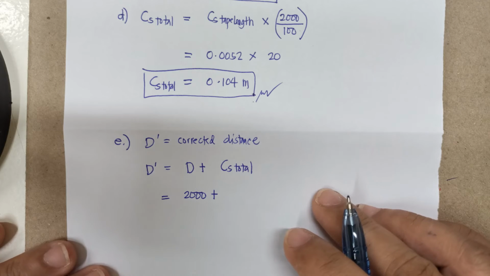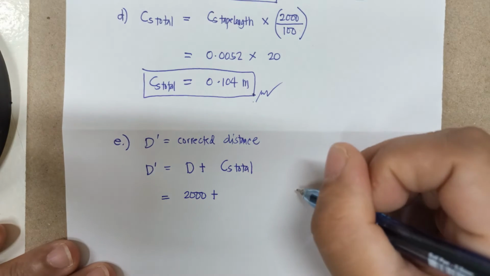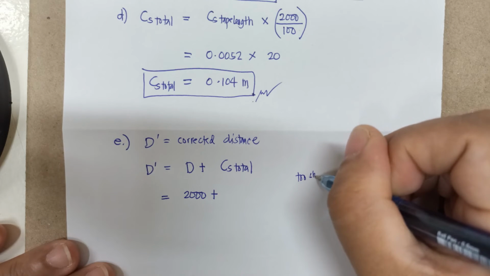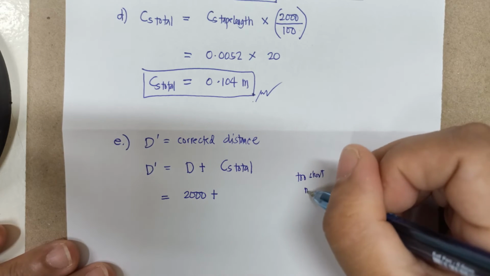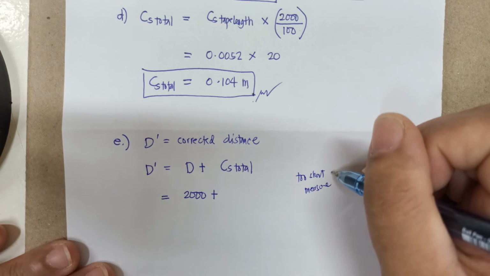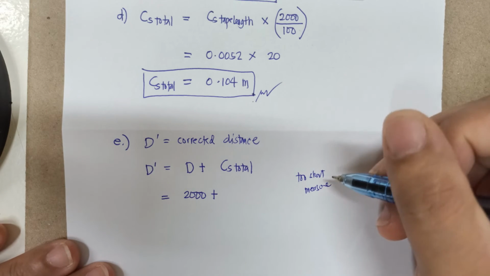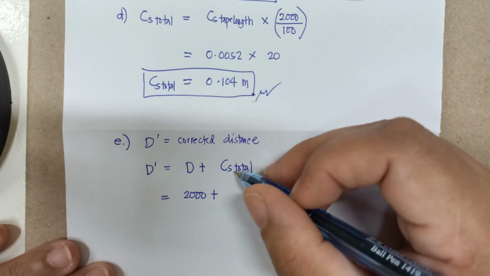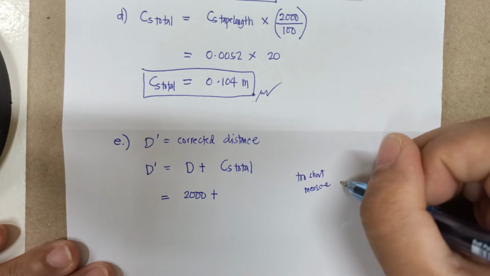We know that the sag correction makes the tape too short. And this is measurement. So when the tape is too short and the process is measurement, the sign of the correction is negative.